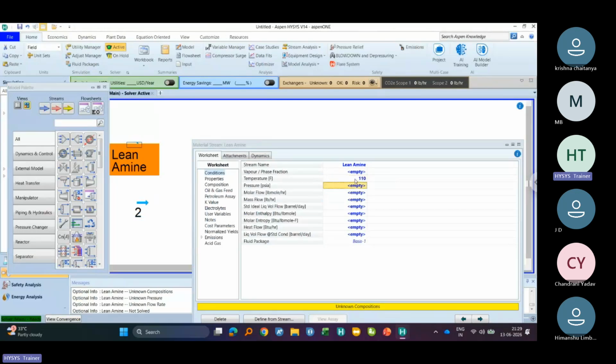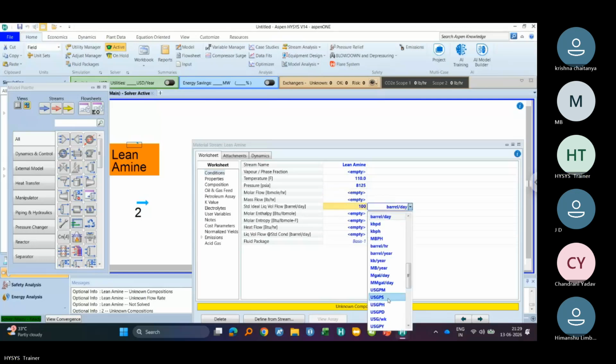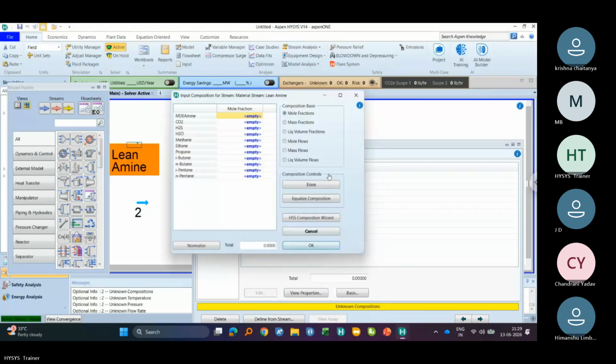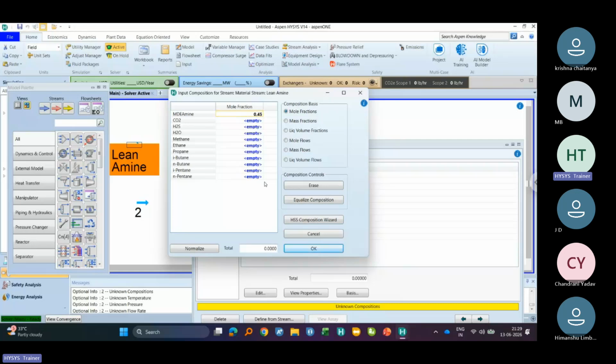Pressure is 824.7 and the standard ideal liquid flow rate is 100 USGPM. Composition is DEA 0.45 and water is 0.55.